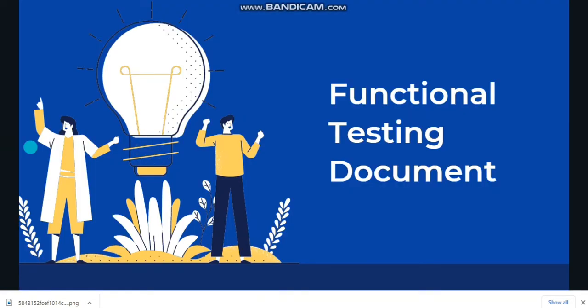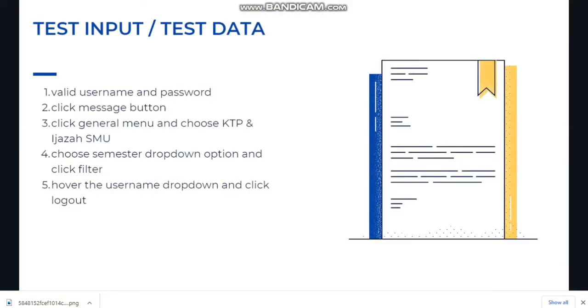And this is the functional testing document. For the test input or test data, first is a valid username and password. Second, click the message button, then click the general menu and choose KTP and Ijazah SMU, then choose the semester drop down option and click filter, hover the username drop down, and then click logout.